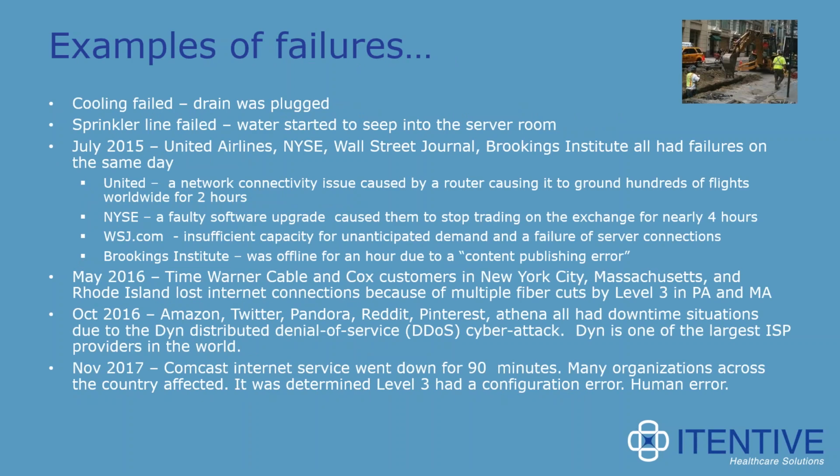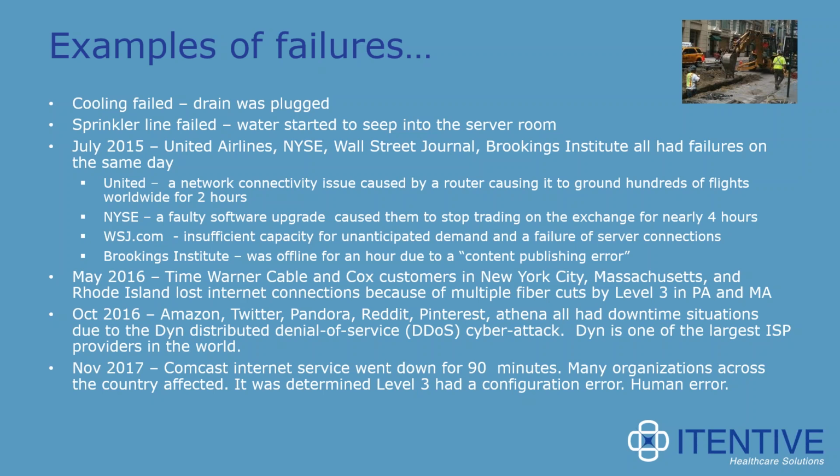So this slide here is just to remind us of what can cause failures. I won't go into each one of them, but we'll talk about a couple of them. One, the second line there where it says sprinkler line failed.